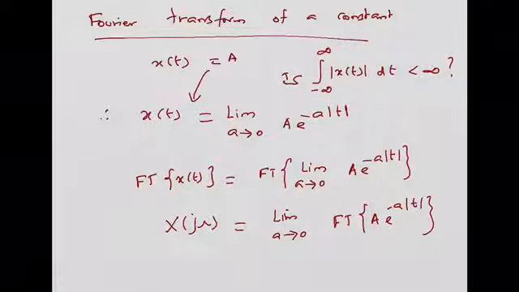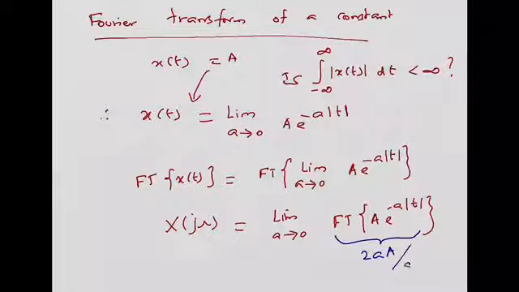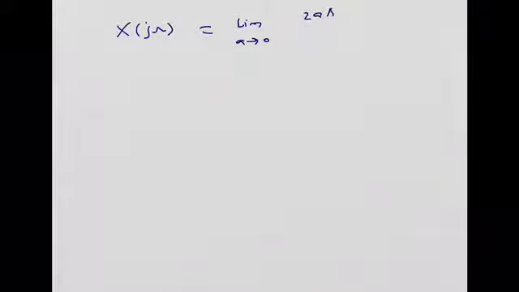So in this case, you will notice that the result of this one is already understood that it is 2a divided by a squared plus omega squared. So let me write X of j omega is equal to limit a tends to 0 of capital A into 2a divided by a squared plus omega squared.